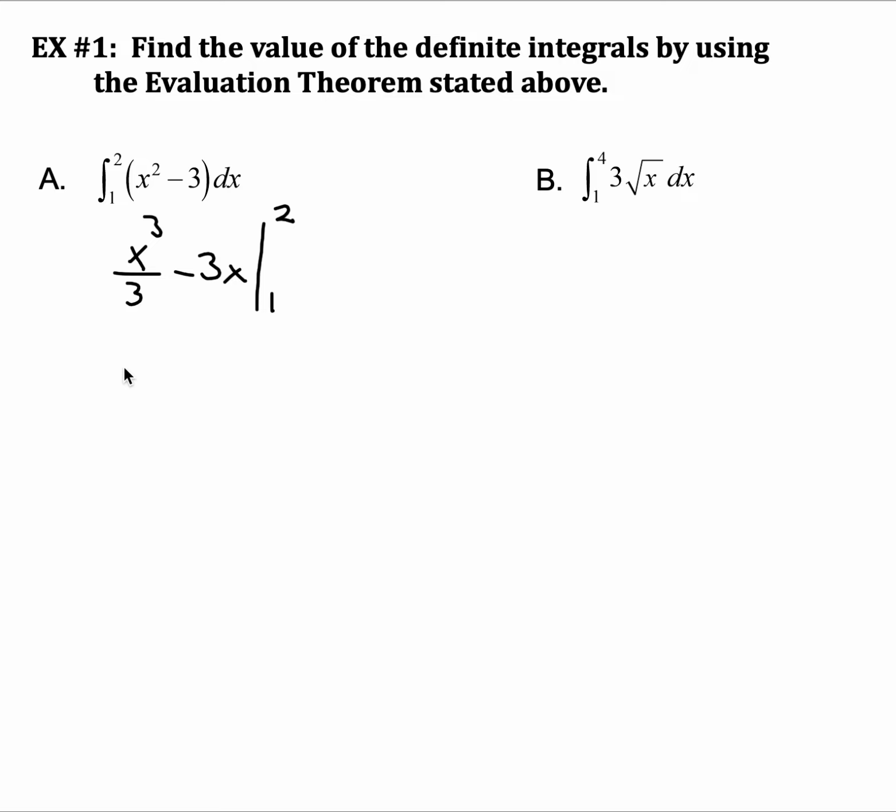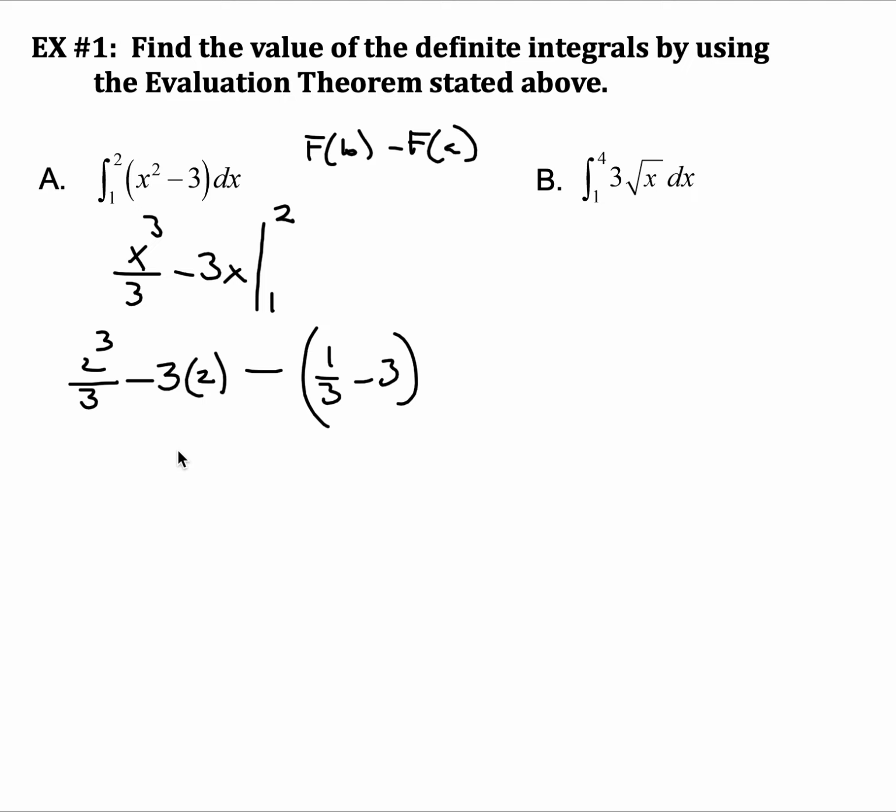The way we're going to do this is just plug it in. This is a, this is b. So this is going to be capital F of b minus capital F of a. Capital F of b would be 2 cubed over 3 minus 3 times 2, and then minus capital F of a, which is 1/3 minus 3.